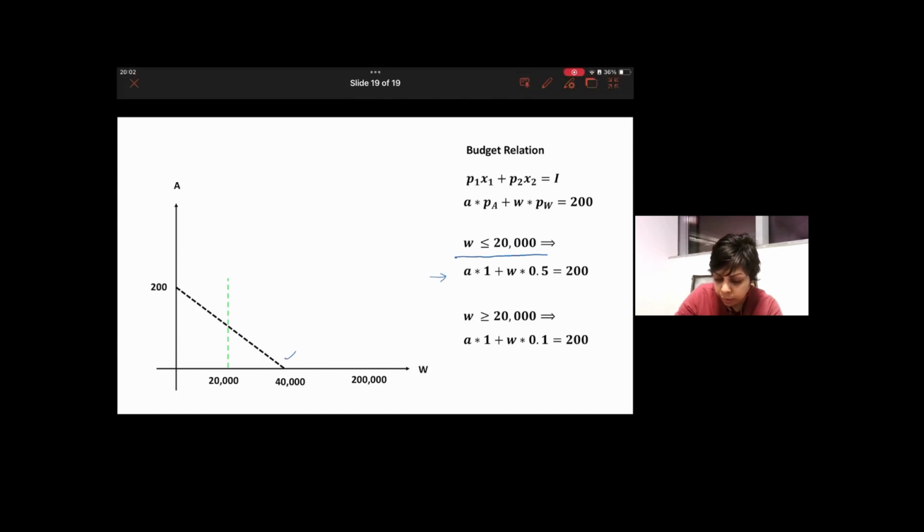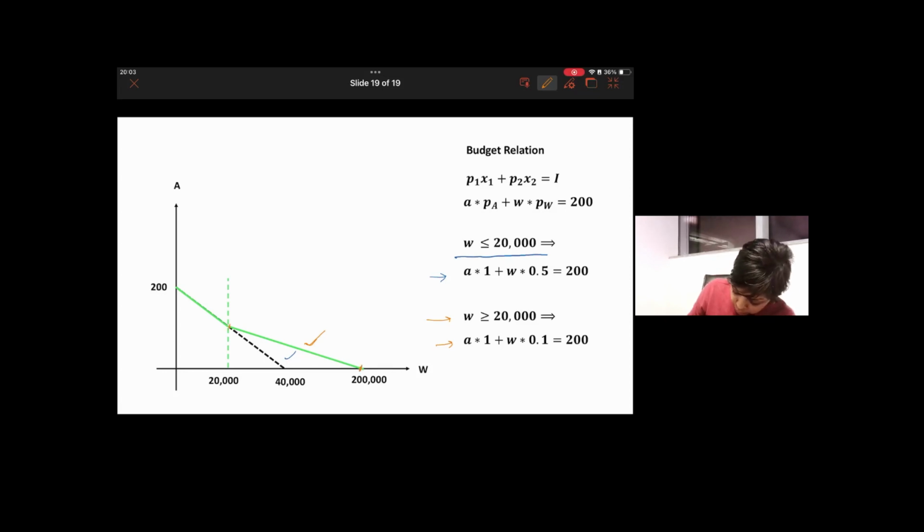Now, if W is greater than 20,000, then the price changes. What is the price now? It is A still into 1. Budget is still the same, which is 200, but W into 0.1, which means the slope is going to change. Is that not it? So this is going to be the new line, this green line, this part.